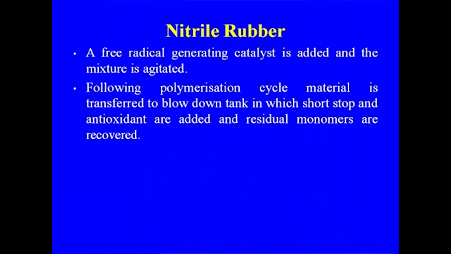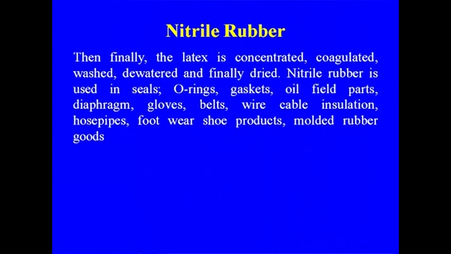Following the polymerization cycle, material is transferred to the blow down tank in which the short stop and the antioxidants are added, and residual monomer is recovered, which is again recycled to the reactor. Finally, the latex is concentrated; we can have it in the latex form, which can be coagulated, washed, dewatered and finally dried.